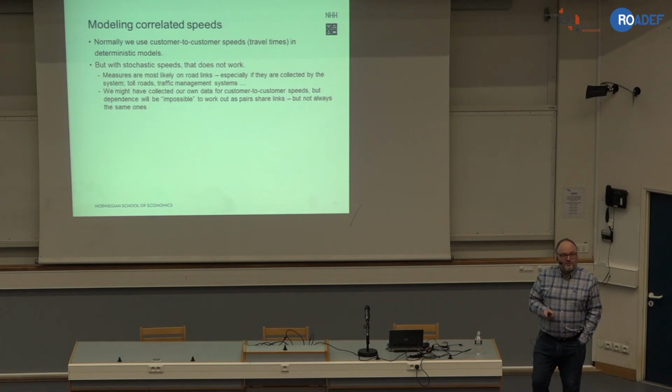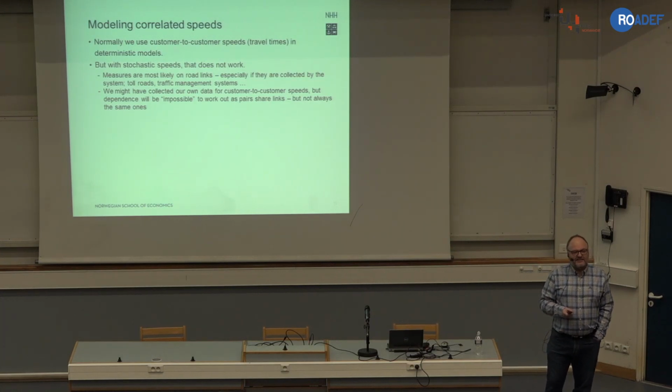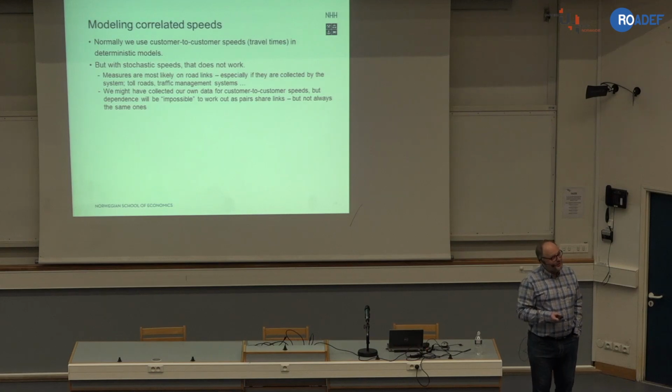But dependence is going to be tough on you if you're trying to do that. One reason is that there are many pairs of customers that share links. So that creates positive correlation in speeds. But not only that, because you don't drive the same route every time, they don't share the same links all the time. Now, some of you may be very good in statistics, you can work this out.